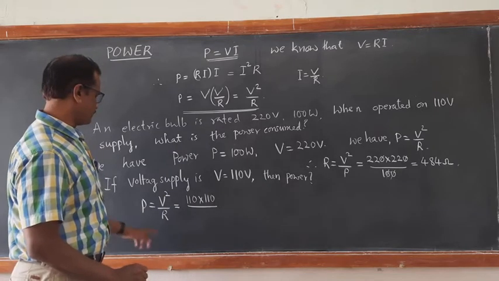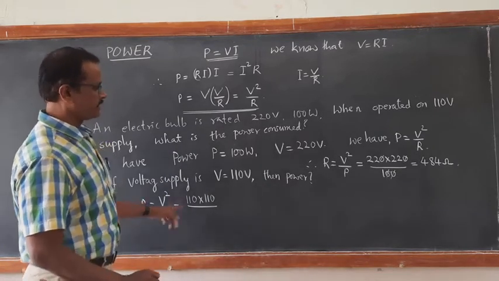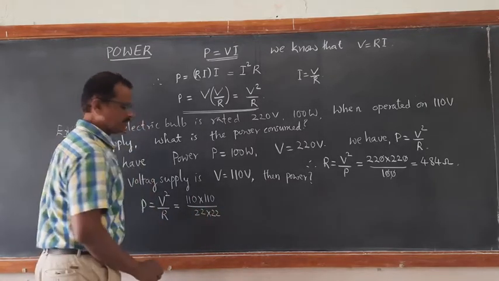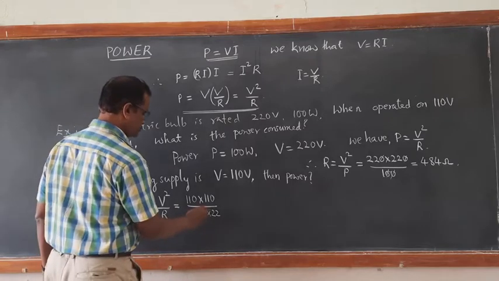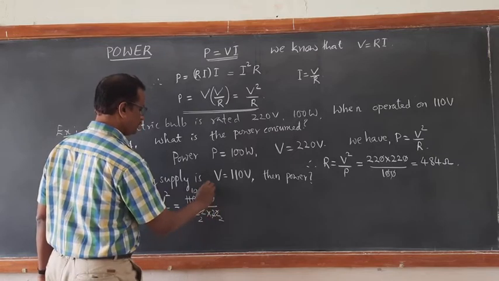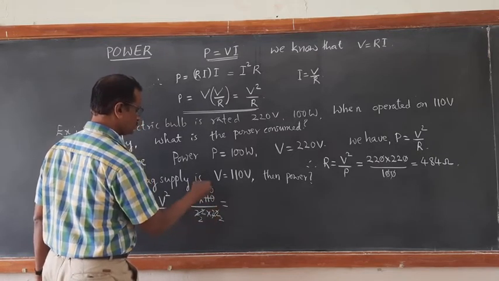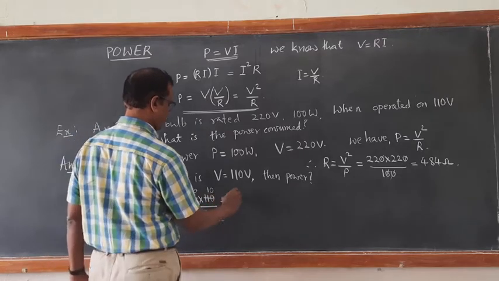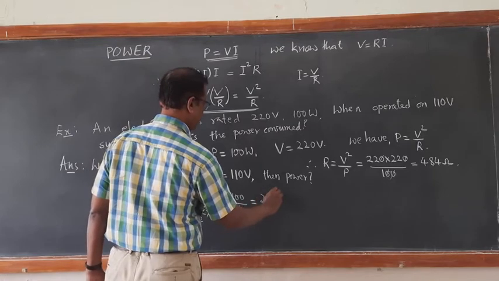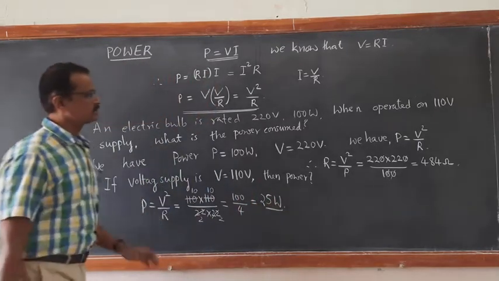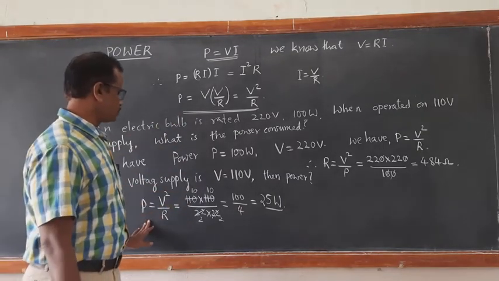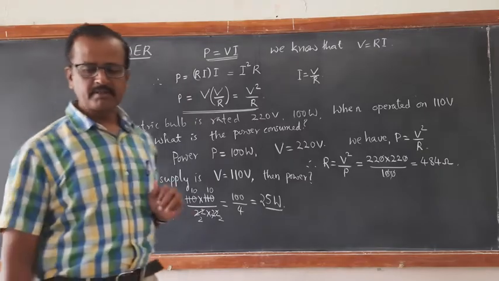Resistance is 484. 484 can be written as 22 into 22. So that cancellation will be easy. 11 twos are, 11 tens are, so 2 ones are, 2 fives are. So 100 divided by 4. So it becomes 25 watts. So the problem is quite interesting. So using this equation, one can go for solution of this kind of numerical problem.